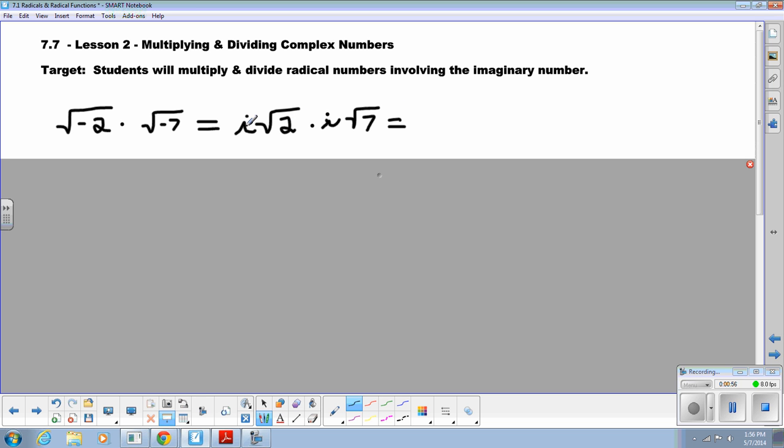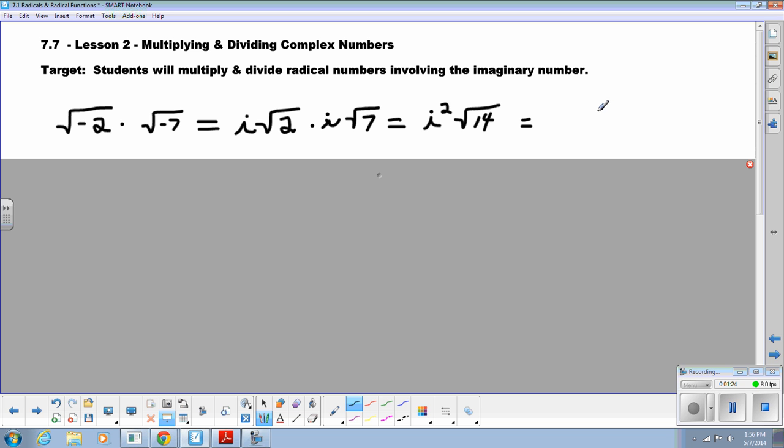Now I can see I have i times the square root of 2 times i times the square root of 7. So my next step is to write i squared times the square root of 14, because now I can do the 2 times 7 for the square root of 14. I also know that i squared, if we look back at your chart from lesson 1, equals -1.